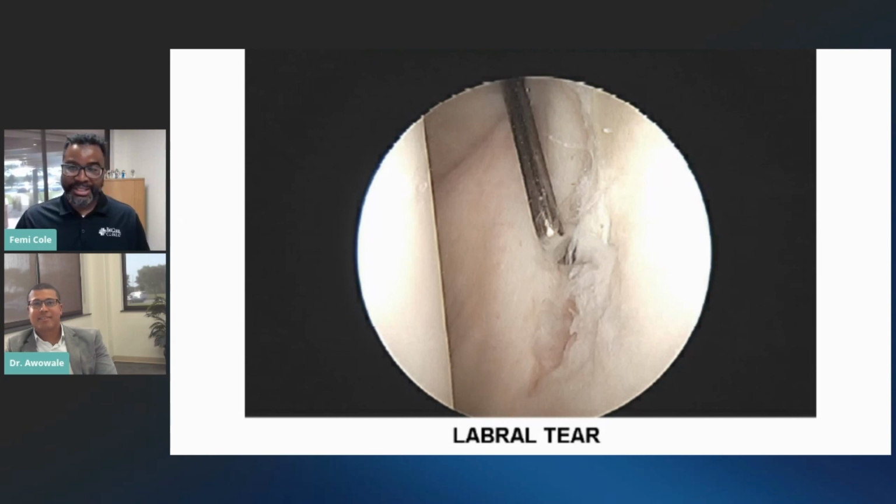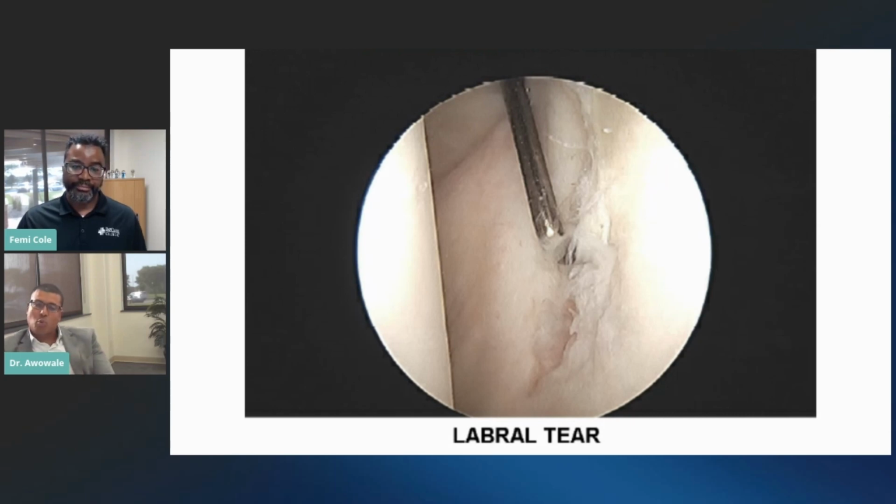Yeah. And then what's the recovery time after undergoing this type of surgery? Generally speaking, like I alluded to before, some of the tears are a bit different, but in general, patients are usually in a sling after surgery for about 6 weeks. But we're starting physical therapy before that to get some of your range of motion back.